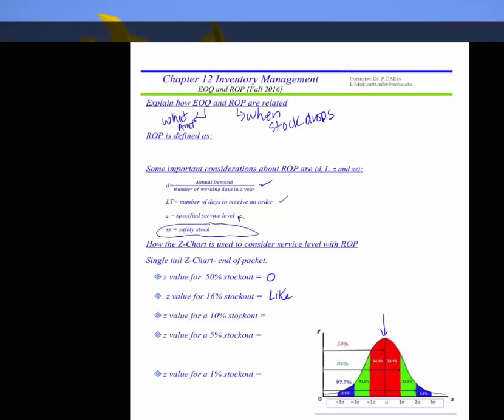If we were okay with a 16% stock out, that would be like an 84% chance of them having the item in stock, which would be a Z value equal to 1. 16% stock out means we're going to turn away 16% of the customers, but we're going to serve 84%. Then we've got the 10% stock out. There we're going to serve 90% of our customers.